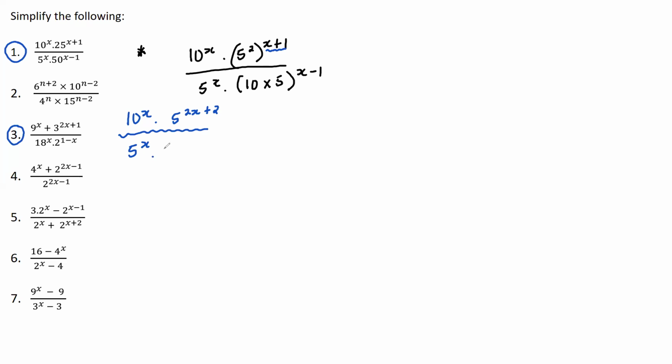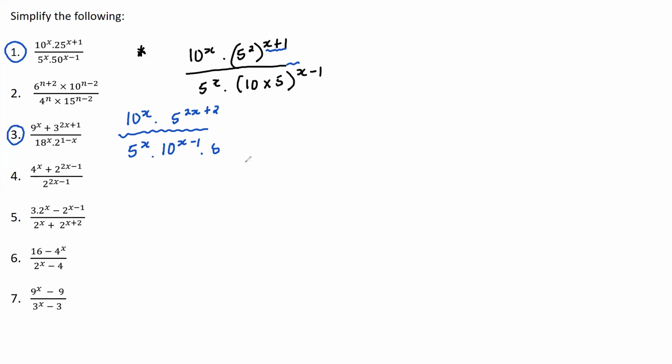Then here, like I said in the previous questions, it's got 10 times 5. That becomes 10 to the power x minus 1 multiplied by 5 to the power of x minus 1. Sorry about that, let me write it properly.